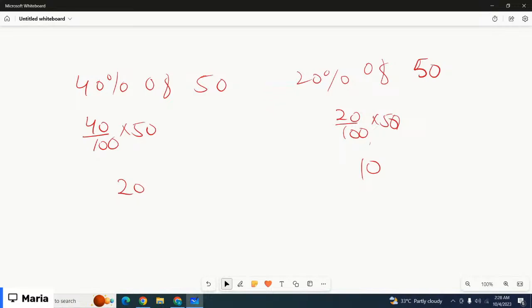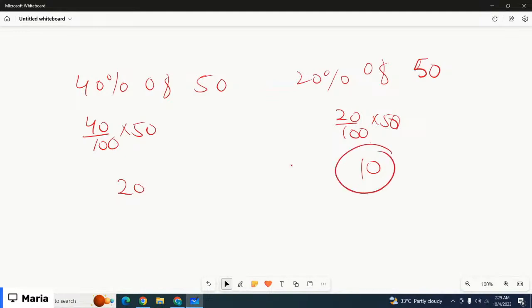How? 40% of 50 is how 10? You have to calculate percentages like this. 40% of 50 is 20. 20% of 50 is 10.